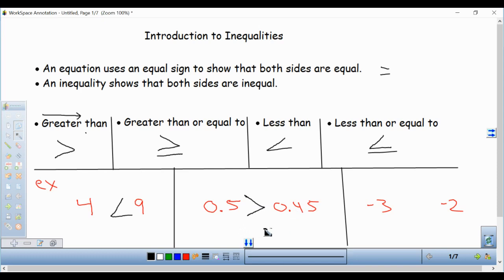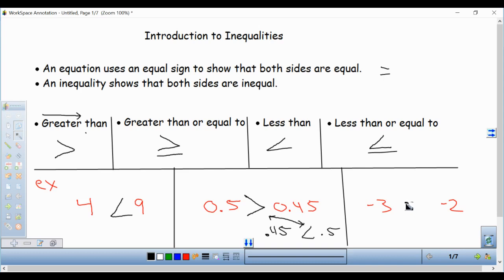Or if we wanted to flip it, 0.45, this is the same thing. These two sayings are the same. 0.5 is greater than 0.45, or 0.45 is less than 0.5. That's like saying 10 is greater than 5, or 5 is less than 10. Same thing, but the words are moved around.